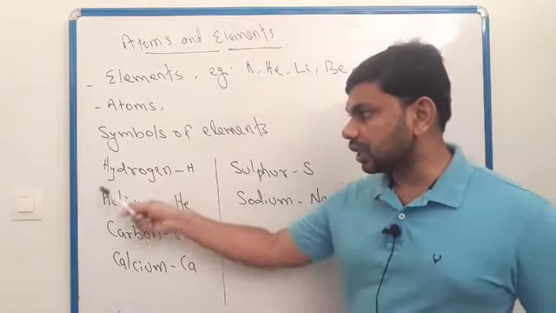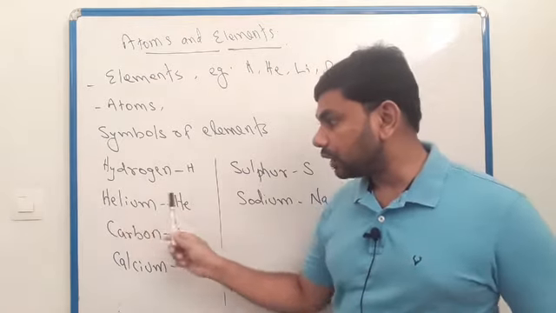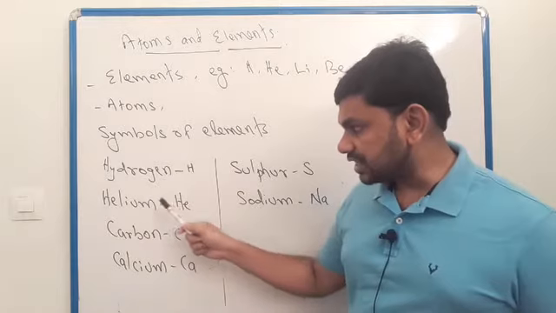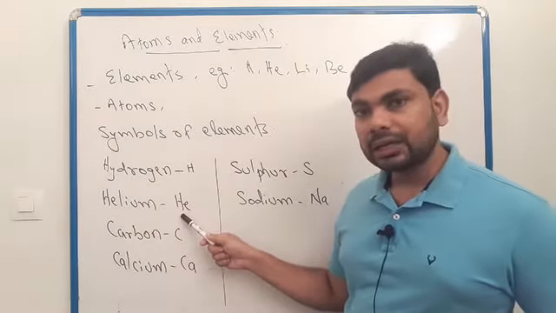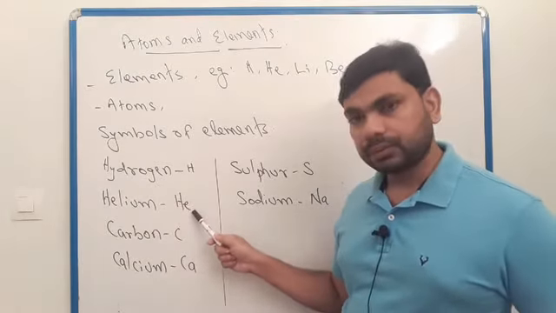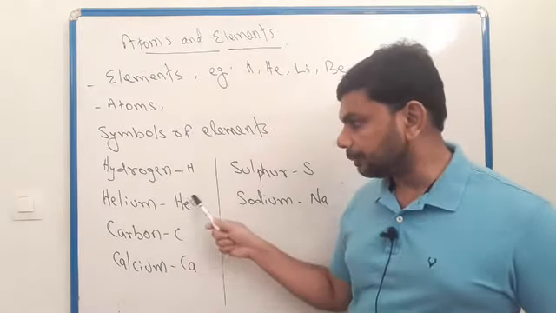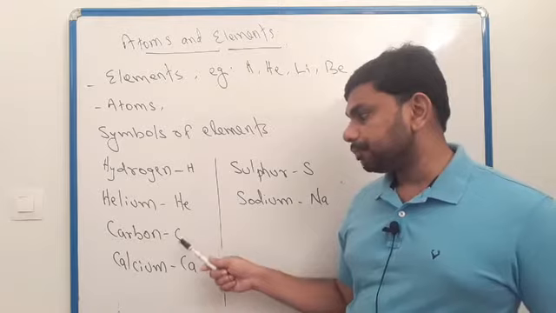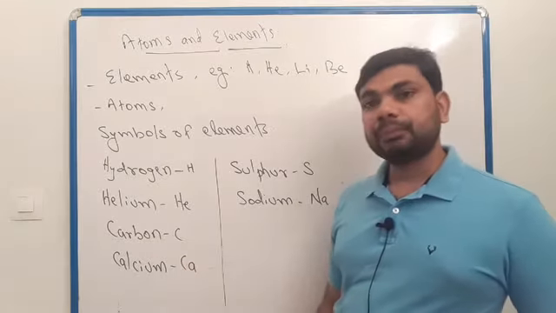Helium also starts with H, so we cannot use H again. So we use the first two letters, the first letter capital and the second letter small. So helium, He. Next, carbon, C, and calcium, Ca.